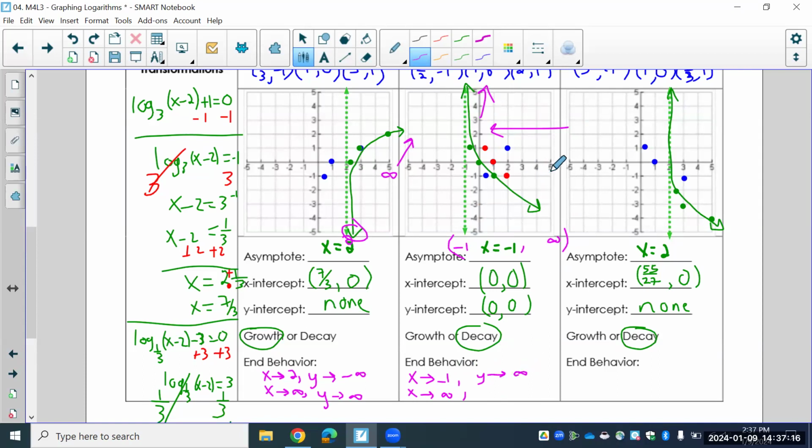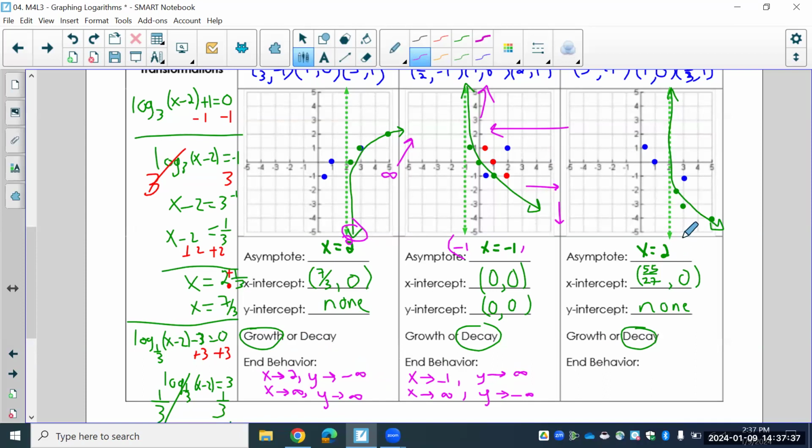But over here, if I go this way, the graph is going down to negative infinity. And then let me erase that. It looks like it's pointed at infinity, but that was back when I was talking about the domain. So this would go to negative infinity right here, pointing down. And you can see this happening again. Small to big, growth, big to small, decay.